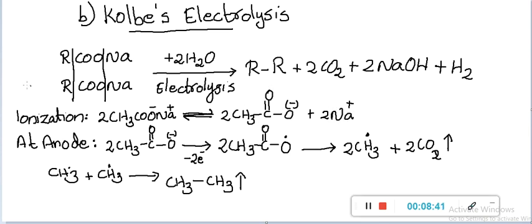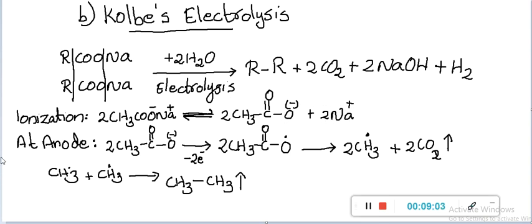Here 2 moles of sodium acetate react, so we get 2 moles of acetate anion, 2 CH3COO minus, and 2 moles of Na plus. That is the first step, ionization.